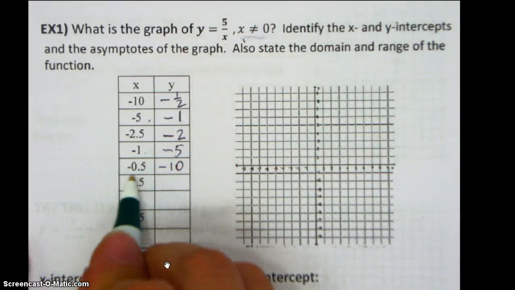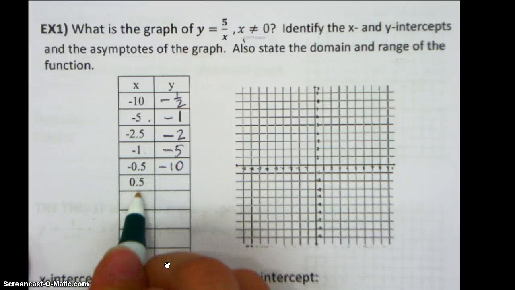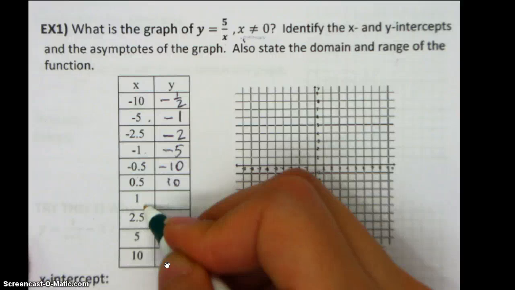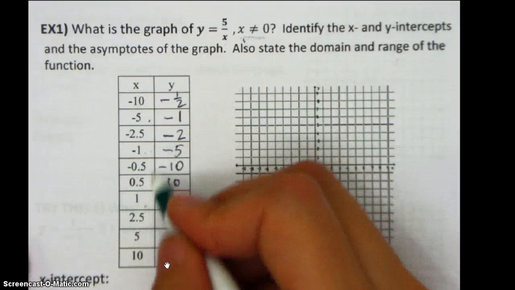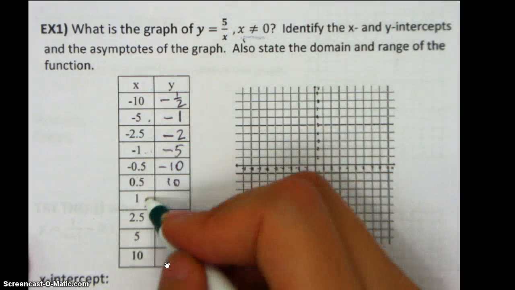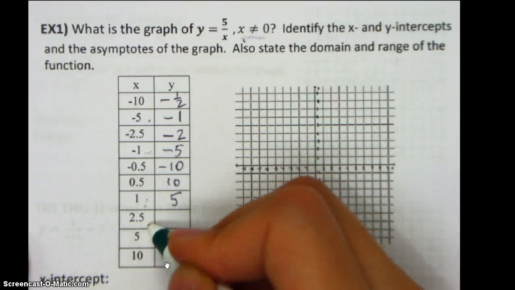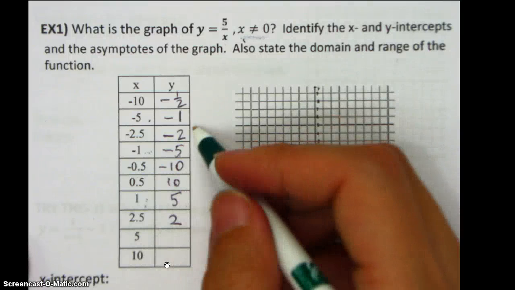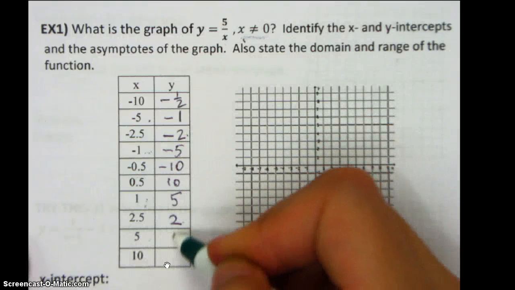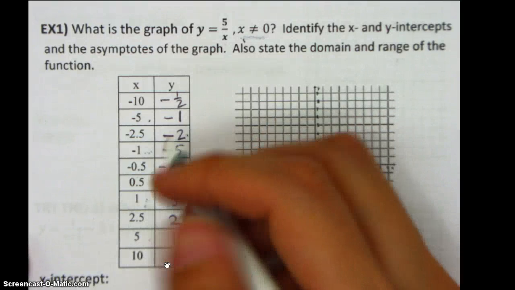Well, we know x cannot be 0, so we're going to skip 0, and then we go to 0.5. 5 over 0.5 will be positive 10. So you see the values are kind of symmetrical. 5 over 1 is 5, whereas negative 1 will be negative 5. 5 over 2.5 will be positive 2. 5 over 5 will be 1. 5 over 10 will be 1/2.